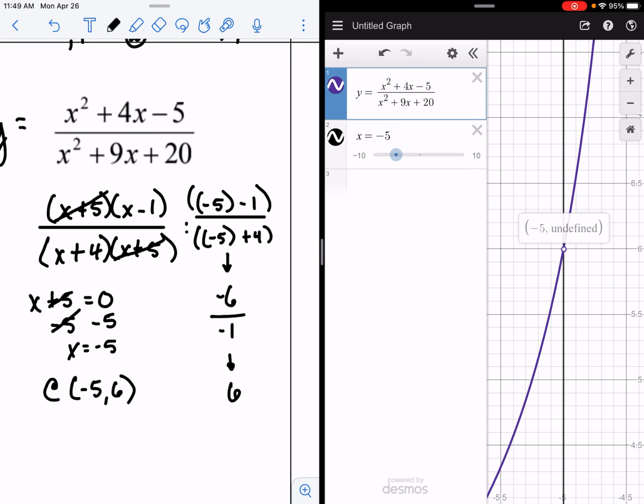And if you look, it says undefined at this point. And as I'm going up, 6.005. Just a little under it, 5.995. So negative 5, 6 is a good answer.